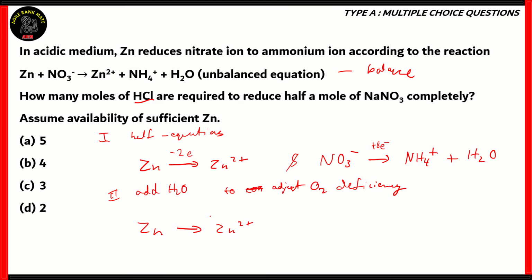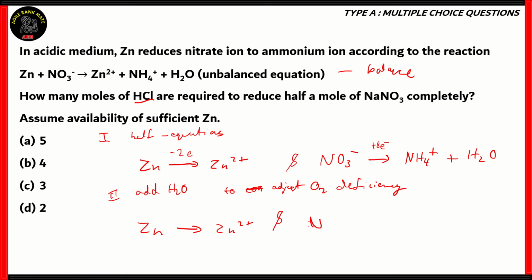There is no requirement for change in oxygen, because there is no oxygen deficiency in the first place. However, in the second half equation, 3 oxygen atoms are lost to form NH4 plus, and they're not replenished in the unbalanced equation.